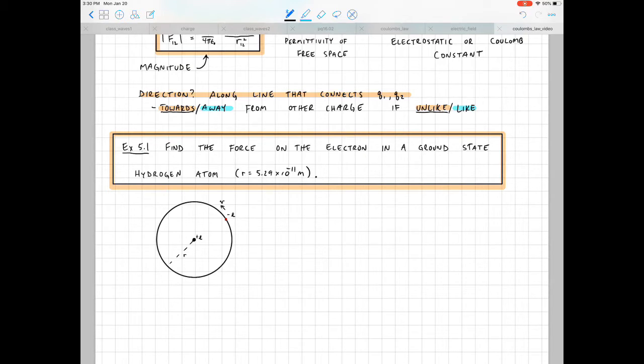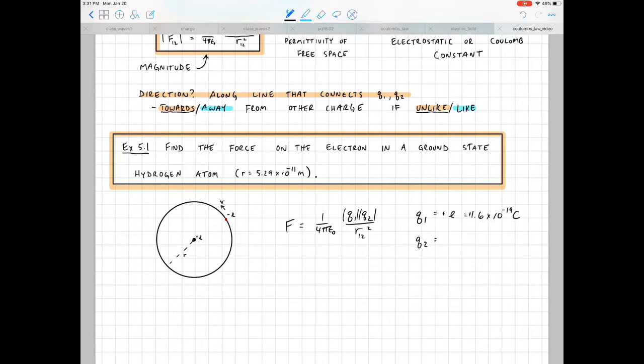All right, if we want to find the force between two charges, we're going to use the Coulomb force law. In this case, Q1, we'll call it my proton, is equal to plus E, so that's 1.6 times 10 to the negative 19 coulombs.